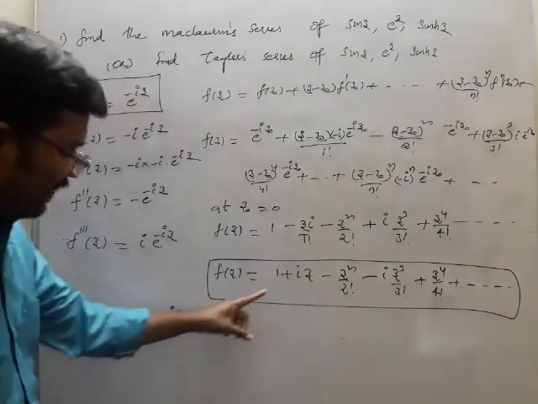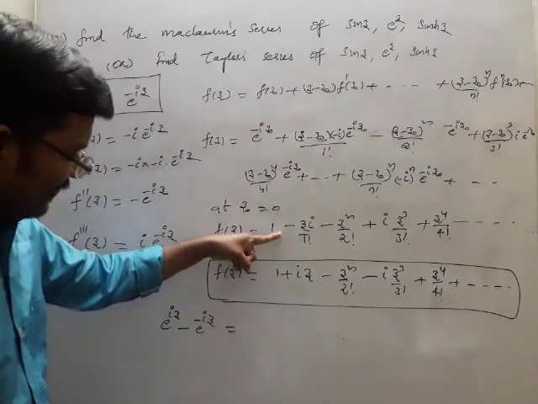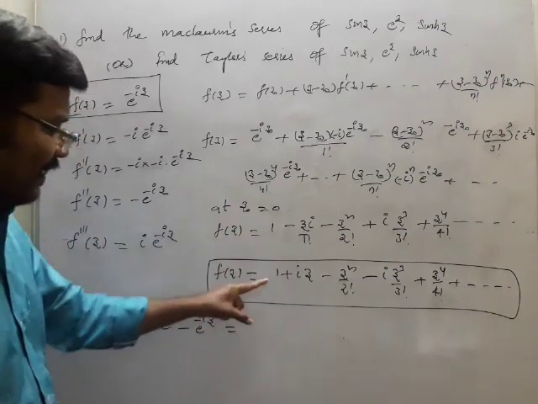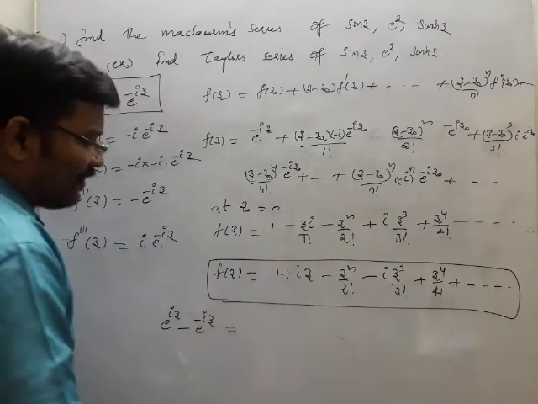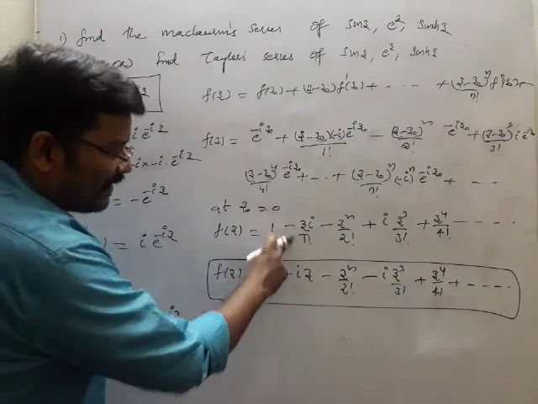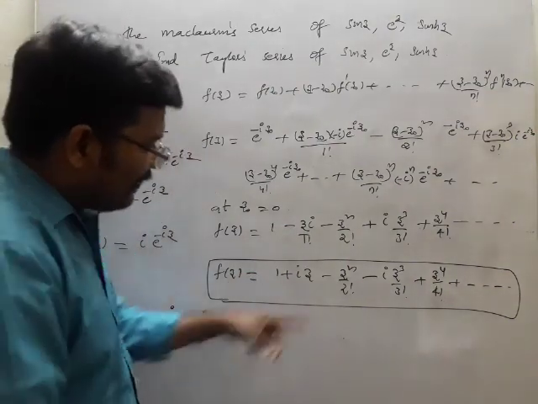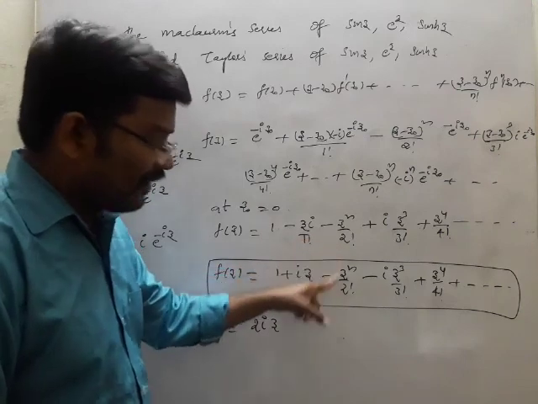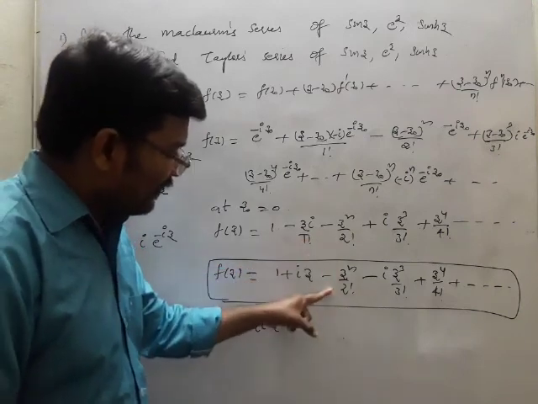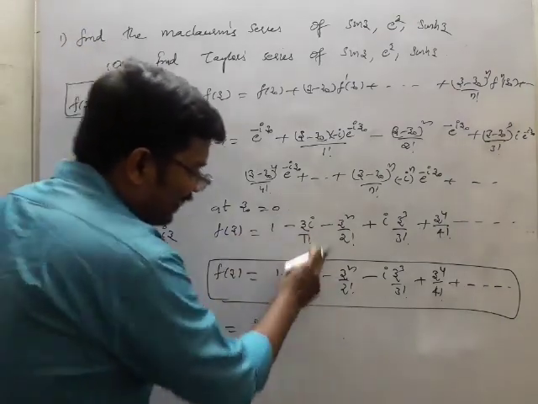So e power iz minus of e power minus iz. Now this 1 minus 1 is anyhow 0. So zi, and this becomes plus 2iz. These two will get cancelled, and this becomes a plus, since we are subtracting from this to this. These two will get cancelled.